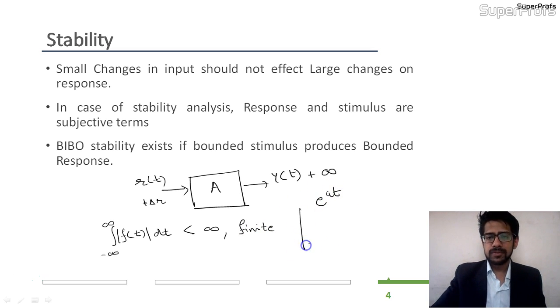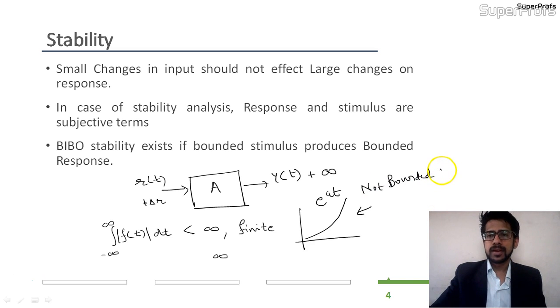The graph of this particular function is like this. If you calculate the area under the curve of e raised to at from minus infinity to infinity, it will give infinity, and hence this particular input is not bounded.